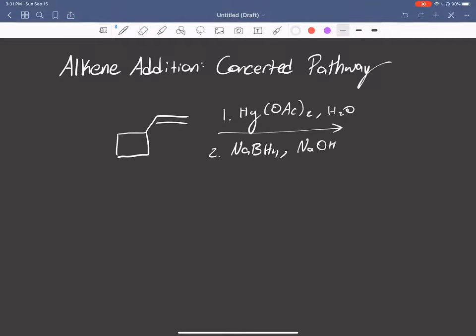It's perfectly set up to look like a ring expansion. And if we gave a reaction such as HCl instead, you will 100% get a ring expansion. The only problem is the HCl reaction goes through a carbocation. This reaction over here, no carbocation, therefore no shift.